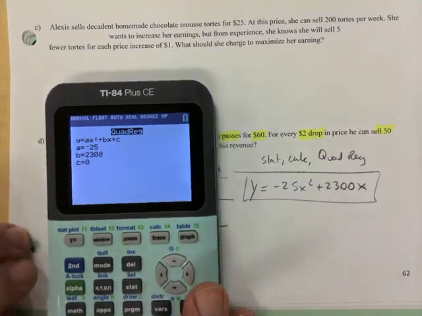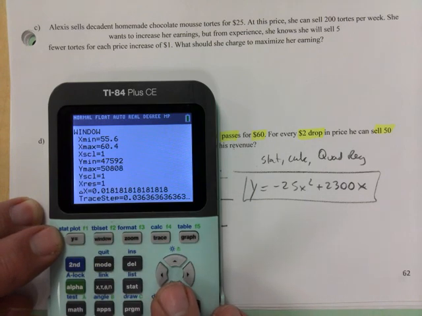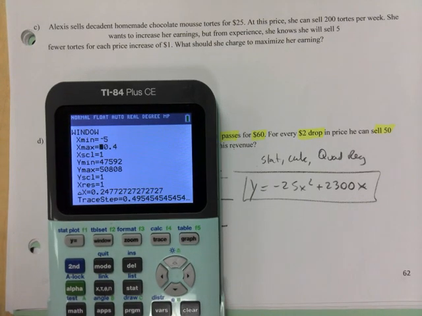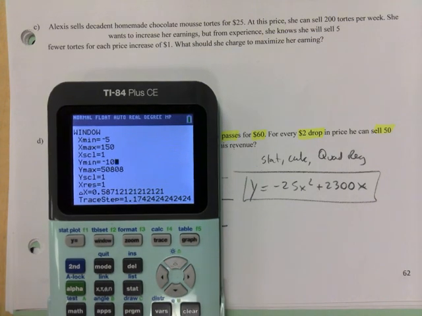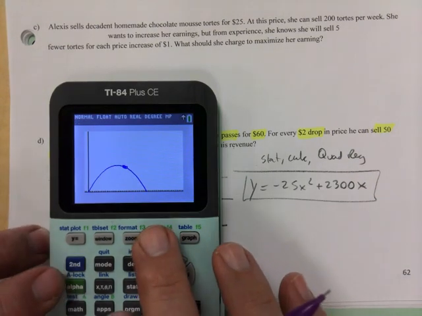And to get the vertex, we'll do that, zoom 9. Let's see if it does anything for us. Not much. I'm going to go on 120,000 maybe. It's a bit much, but that does it.